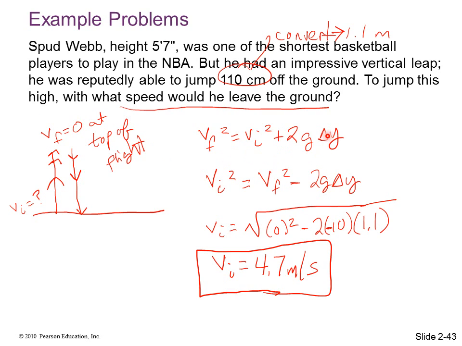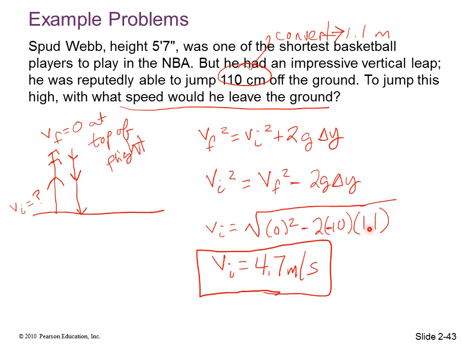So I have my third star equation. I know I am solving for initial velocity, so I've done the algebra here, switching the variables around. And I have taken the square root of this side so I can get the initial velocity. I put 0 in for final velocity. I put negative 10 meters per second squared in for the acceleration due to gravity.